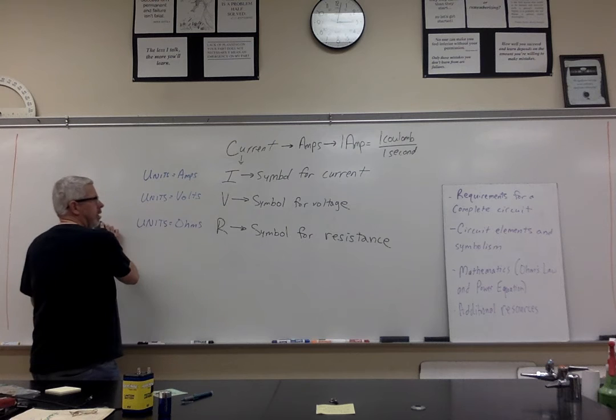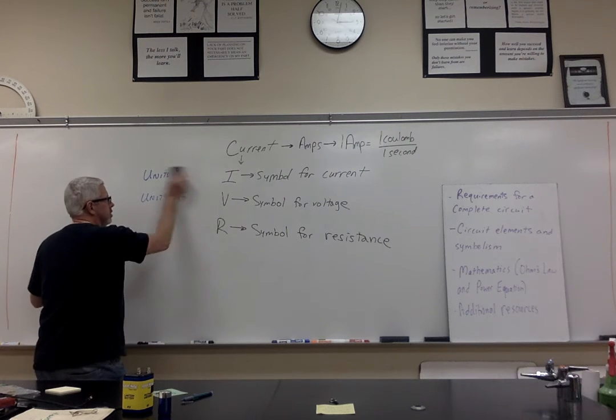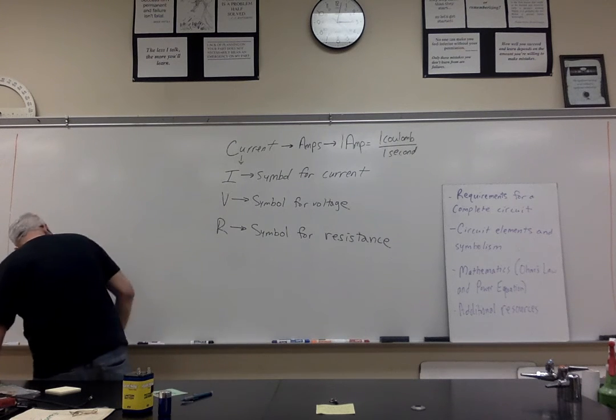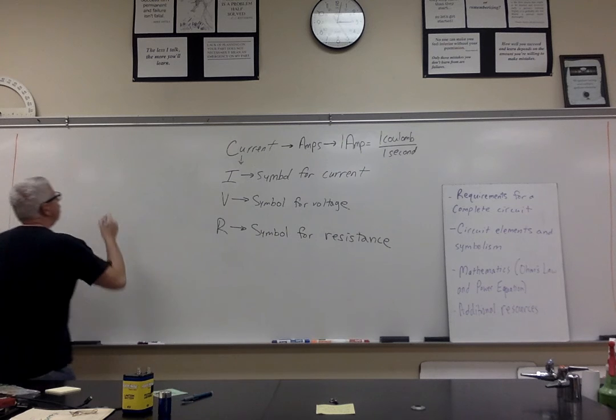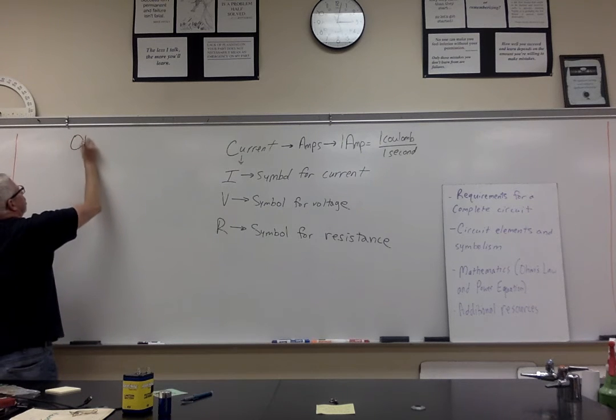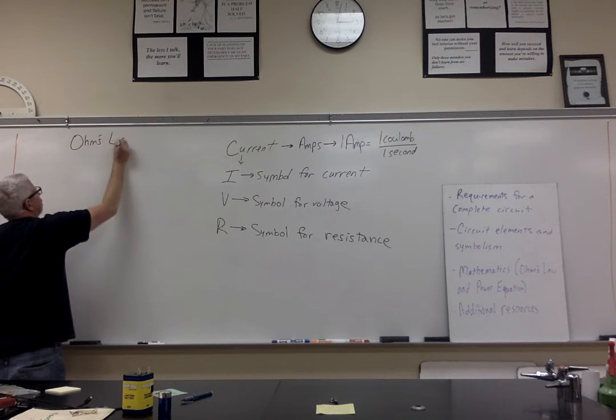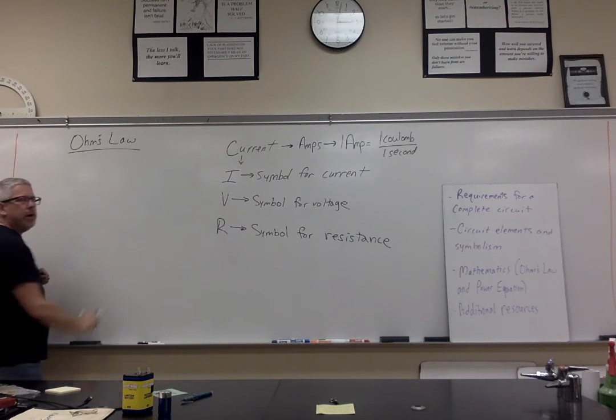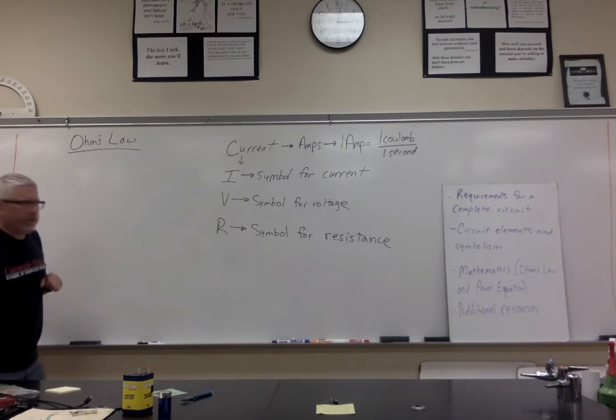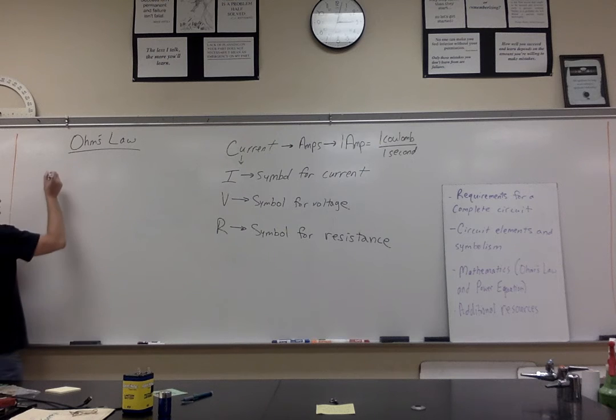So now I'm going to get into the equations. Ohm's law is the primary equation we're going to use for solving things in circuits. So Ohm's law is a ratio with current.